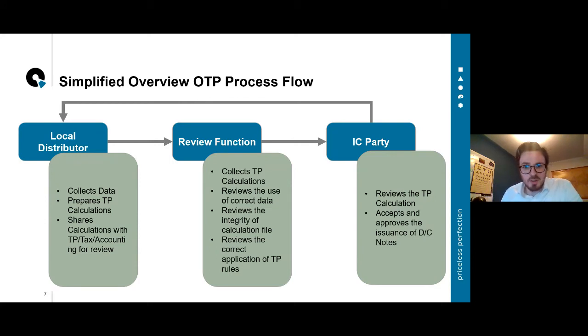If all these steps and reviews and hurdles have been taken, you will see the calculation shared with the intercompany party or the residual profit owner, who will typically have a few of their own reviews. As the residual profit owner incurs the P&L effect of any calculation, and then accepts the calculation, there's an issuance, either a retroactive issuance of debit or credit notes, or maybe a going-forward adjustment of the transfer price.